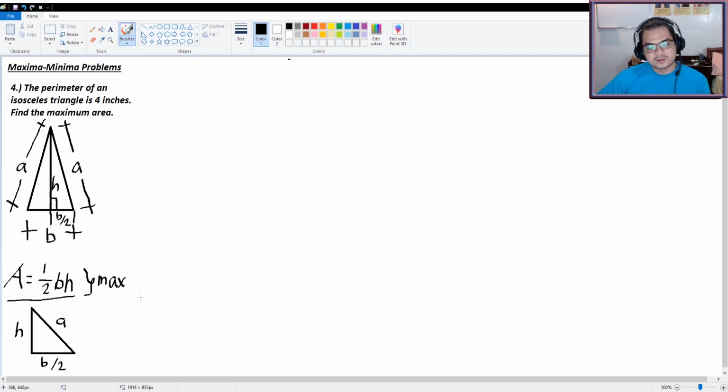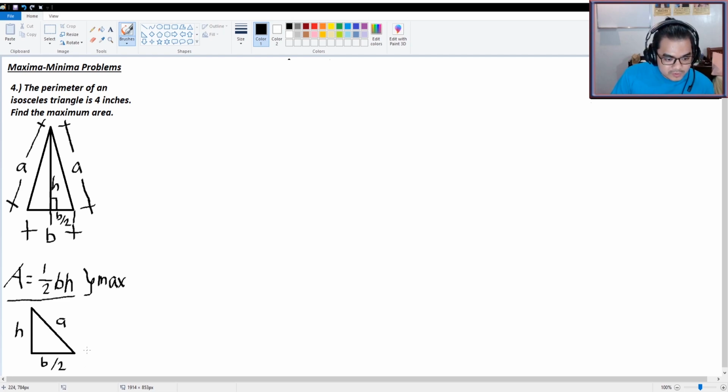But don't forget that you cannot perform derivative of 1/2 base height yet because you still have two variables, which is B and H, which is the base and height. Now, of course, you have to be able to make this equation into one variable, either you make this only in terms of B or in terms of H. Okay?